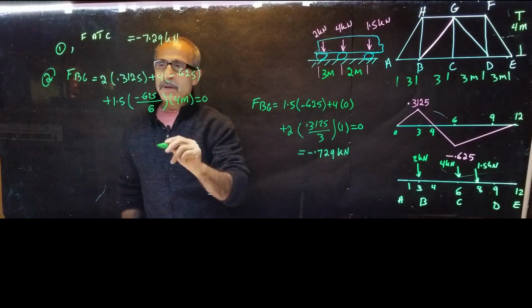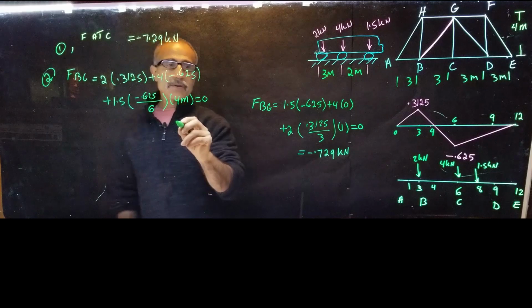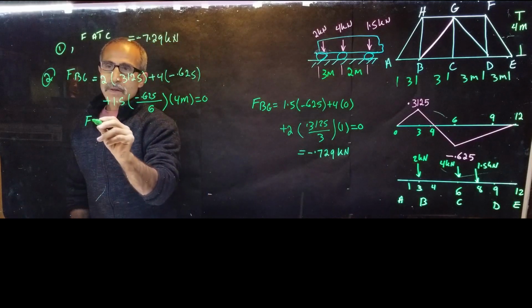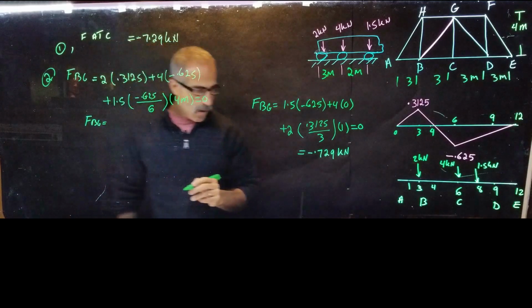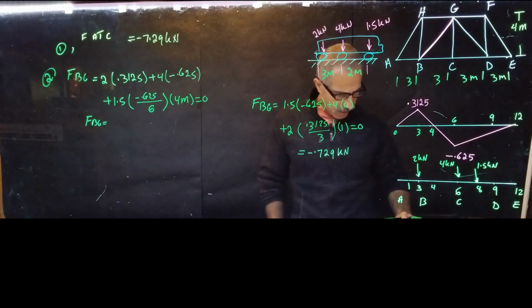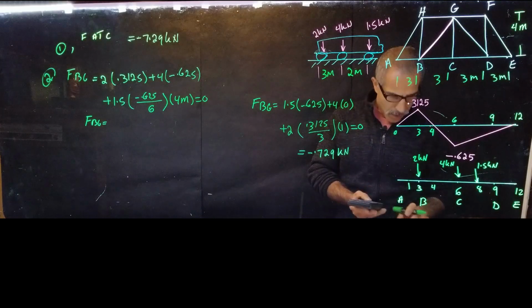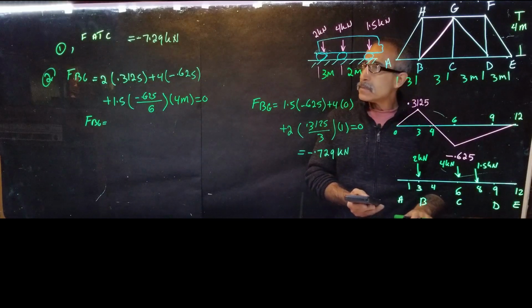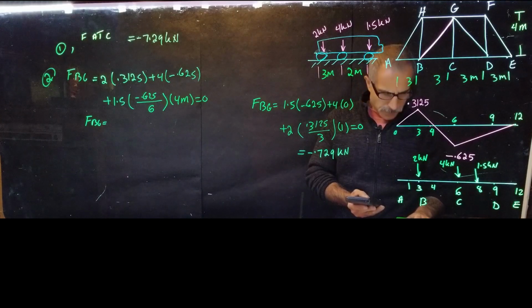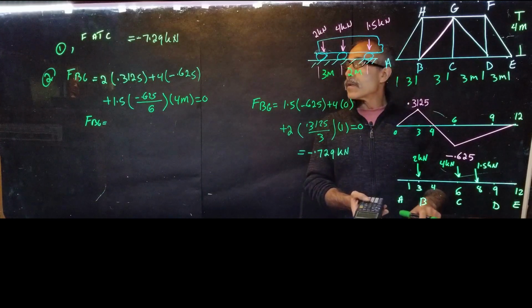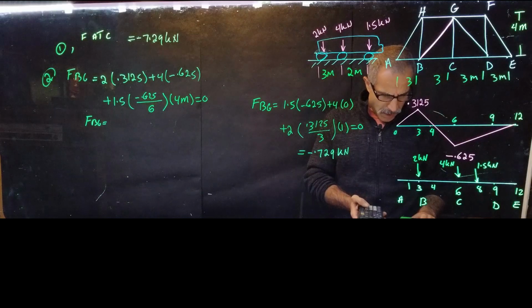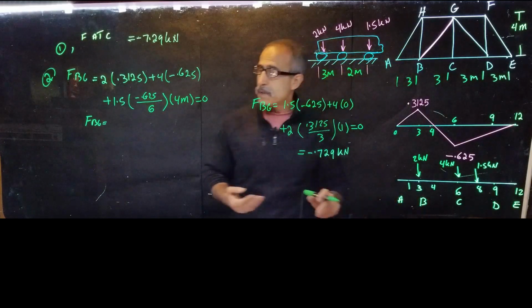And F_BG for the second trial comes out to minus 2.5 kilonewton.